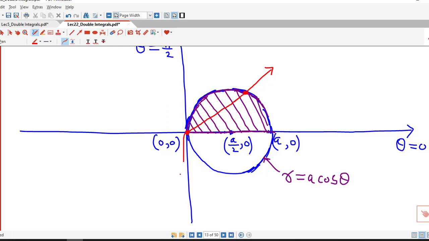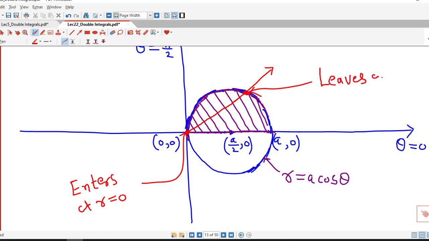Now ray enters the region at origin, and at origin value of r is 0. So lower limit for r is r equal to 0. Now this is the point at which ray is leaving the region of integration, and this point is on the circle r equal to a cos theta. So upper limit for r will be r equal to a cos theta.